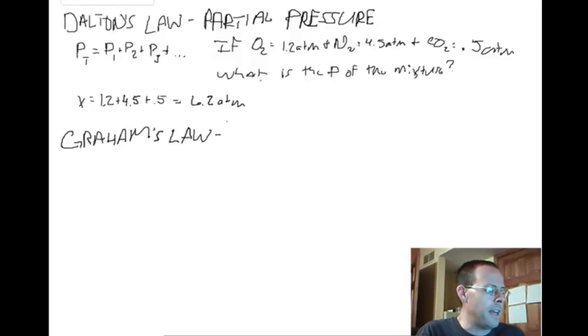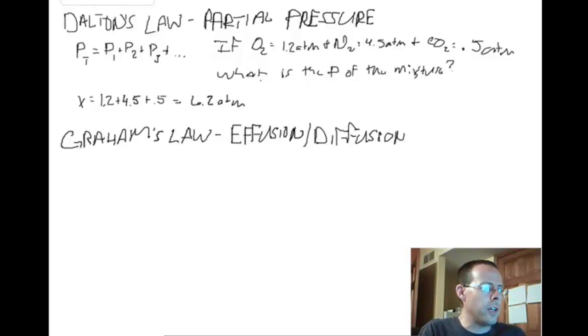Graham's law has to do with effusion and diffusion, and these two things really relate to how fast gases move. Diffusion is like if someone walks into a room with perfume or cologne on and stands right at the door.